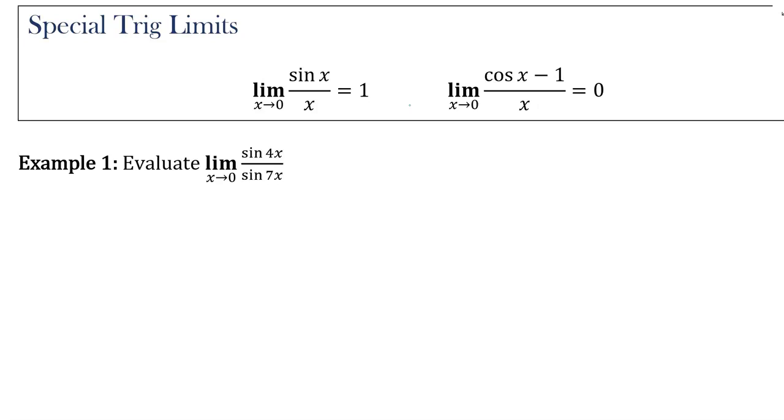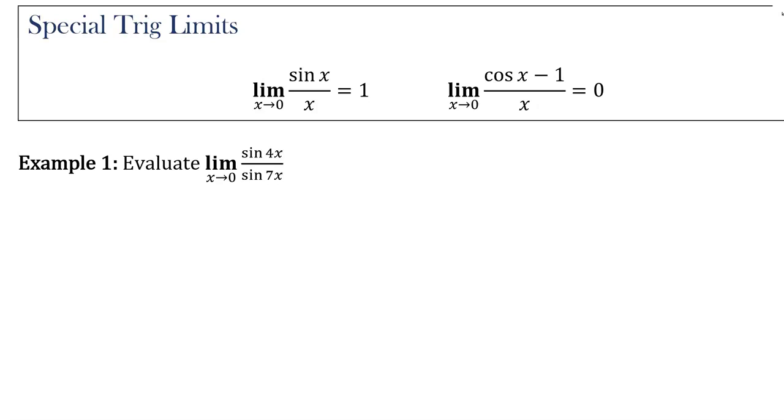So let's look at this first example. We want the limit as x approaches 0 of sine 4x over sine 7x. Okay. A lot of the time when you're working with trig, you have to work with the trig identities or with other variations of trig to make it get into the form that you need.